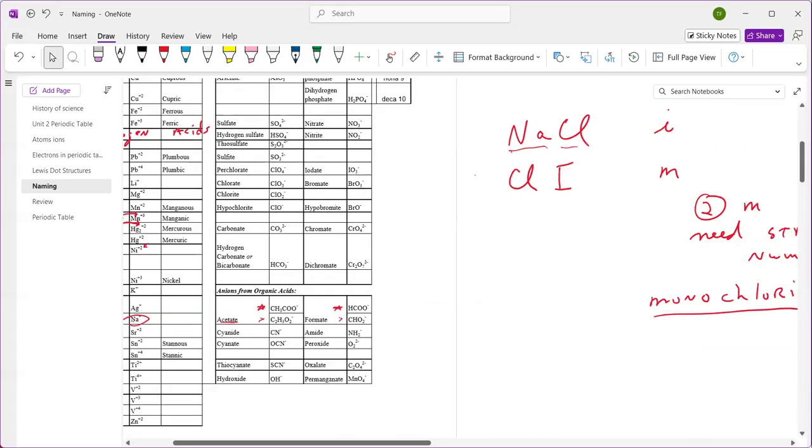Okay, let's look at another example. Here we have iodine chloride, ICl. Is this ionic or molecular? Okay, this has to be positive. This has to be negative for it to be ionic. Just like the sodium was positive, chlorine was negative. Now, if we look, Cl and I, they're both on the right side. They're both anions.